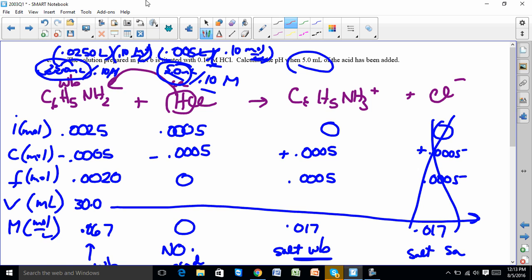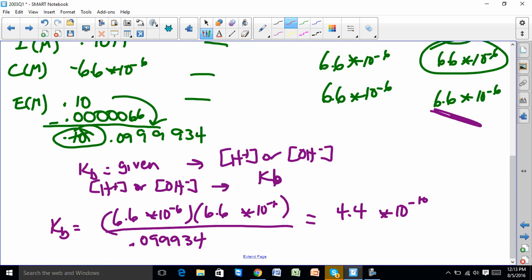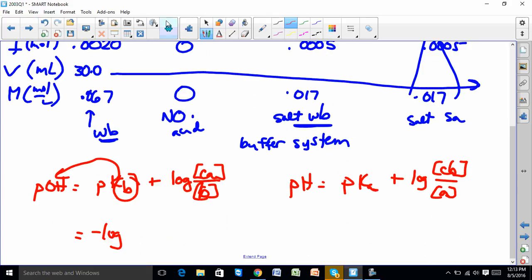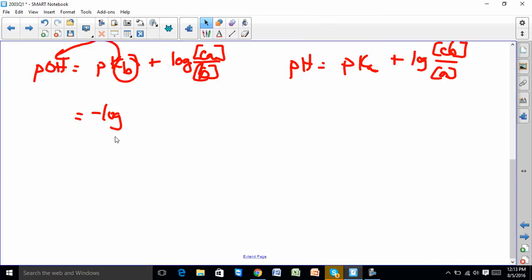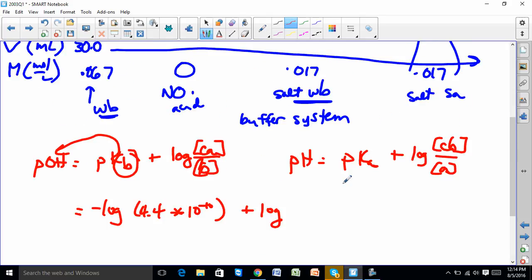We figured out, by the way, this is a classic example of if you make a mistake in one part and you use it in the other part. We just figured out up here that the Kb value was 4.4 times 10 to the negative 10. So when I come down to do this Henderson-Hasselbalch equation, I'm going to use, and all p means is to take the negative log, this is 4.4 times 10 to the negative 10 plus the log, and the concentration of the weak base is 0.067.